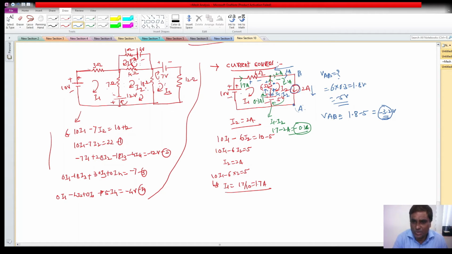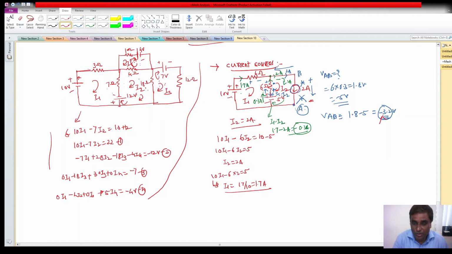It means I have to change my polarity. So instead of like this, this was our previously assumed one, and this is not correct. So what should our polarities be? Polarities will be like this, plus and minus, because of this negative voltage drop we got. Okay. So this way we have found out the drop.